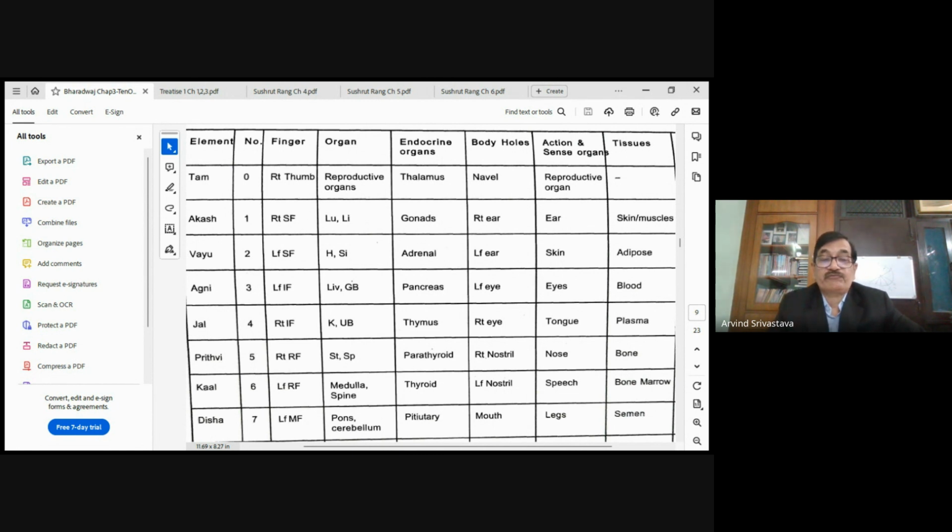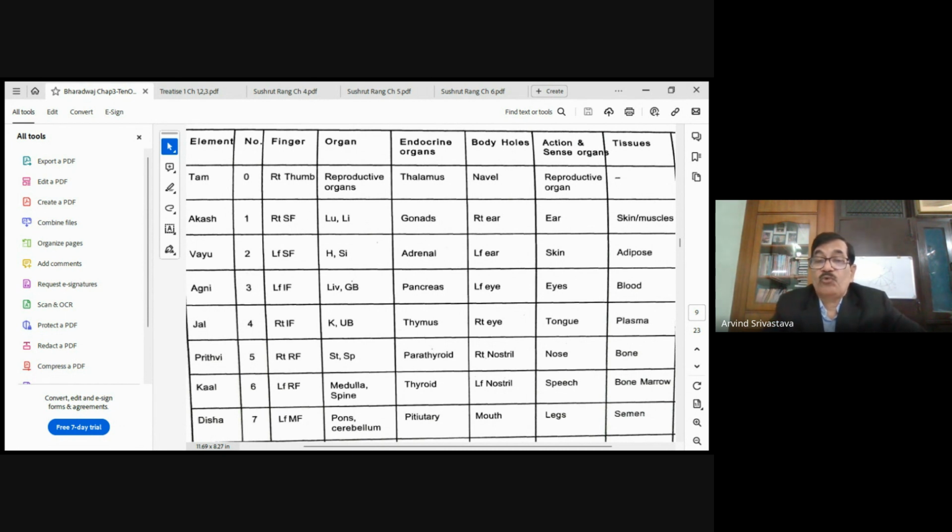Now come to the fifth element, that is parathyroid. Parathyroid and thyroid are at the neck. Four parathyroids are there, and the thyroid is one gland.